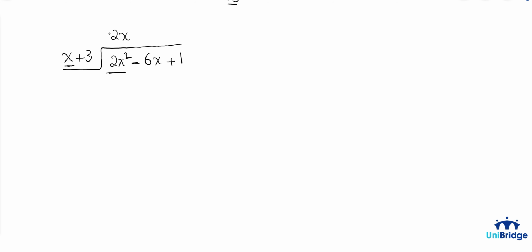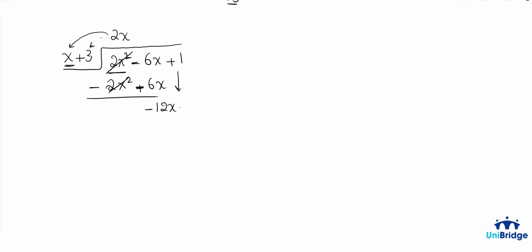You take what you just got, you multiply it by the two terms here. So 2x multiplied by x gives you 2x squared, and 2x multiplied by 3 is going to be plus 6x. You change the signs and add. So this cancels with this. You're going to get negative 12x.